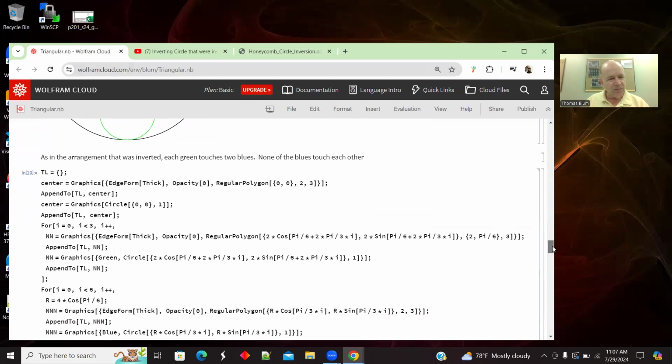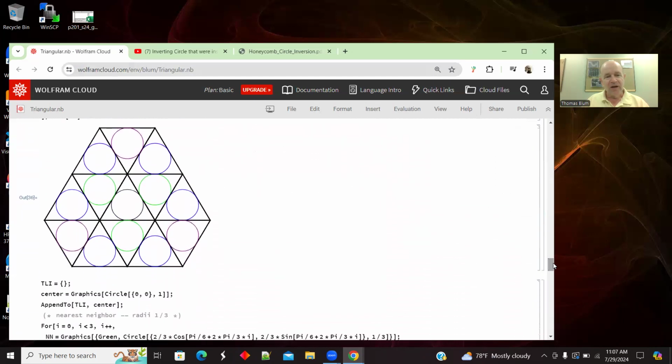So first thing I'm doing is drawing the next nearest neighbors, and they are the purple ones. So there are 2 blues. The green connects to 2 blues, and then there are 2 blues that are going to connect to a circle and not the same blues of the same green circle.